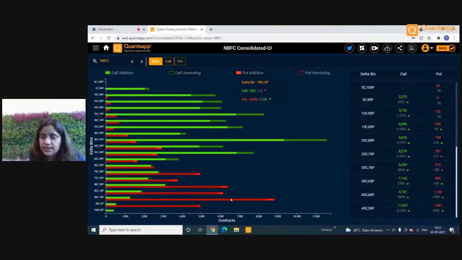Definitely, as the data changes, the view changes. But at present, the more support is on the lower end, so the put writers are still skeptical and they are writing very far out of the money. The immediate base has a 30 put delta. So if you look at NBFC as a sector, there's a lot of congestion. This is like a whipsaw, up and down. It's a sideways pattern.